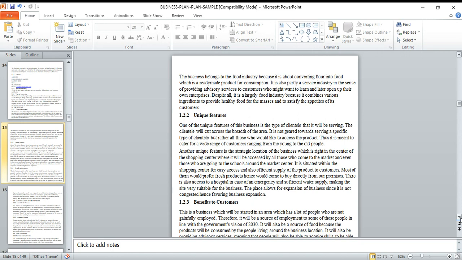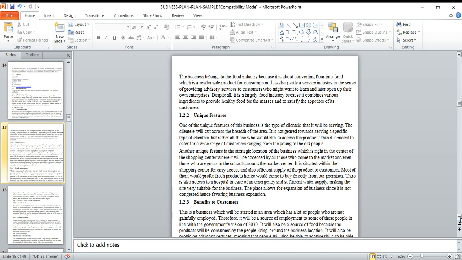One of the unique features of this business is the type of clientele that it will be serving. The clientele will cut across the breadth of the area. It is not geared towards serving a specific type of clientele, but rather all those who would like to access the product.